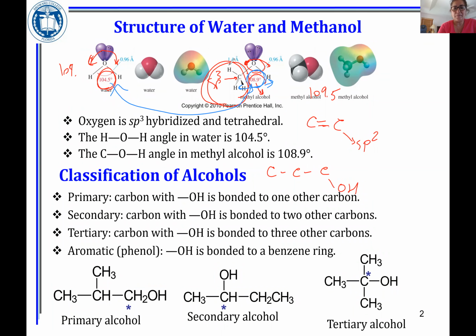Talking about alcohols, we have primary, secondary, or tertiary. How do we determine the classification? It is primary if the carbon that carries the OH is a primary carbon. What is a primary carbon? A primary carbon has only one carbon-carbon bond, attached to only one other carbon. A secondary carbon is attached to two other carbons, so we have two carbon-carbon bonds for this secondary alcohol.